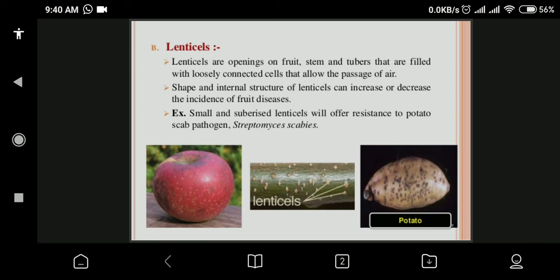These are the lenticels on a potato stem. The shape and internal structure of lenticels can increase or decrease the incidence of fruit diseases, stem diseases, etc. Small and suberized lenticels offer resistance to the potato scab pathogen Streptomyces scabies. Thus, lenticels also help in defense mechanisms.